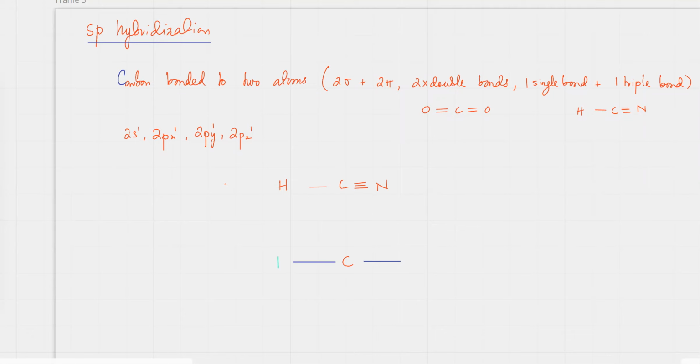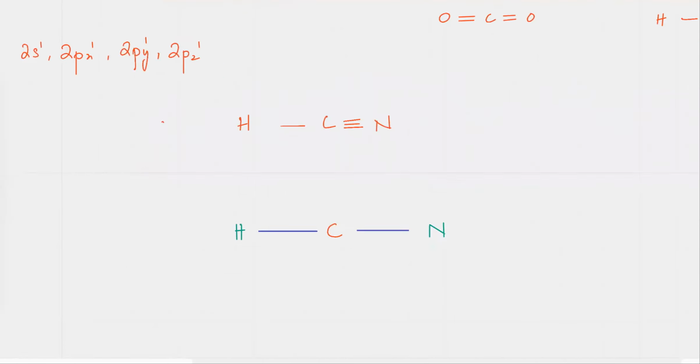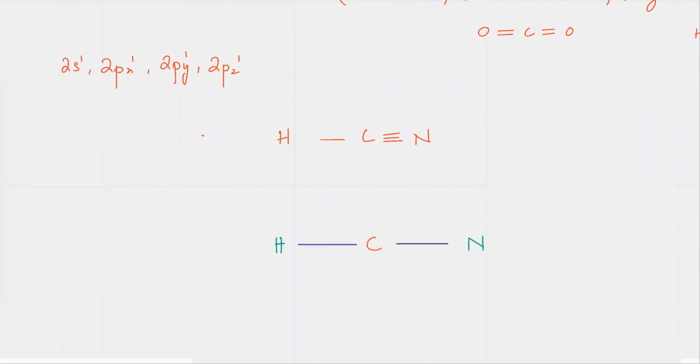So there's going to be an H and there's going to be an N. Two of the electrons in these orbitals have changed shape. One of them got pulled towards this H. The other one got attracted towards this N. So two of the orbitals have changed shape.